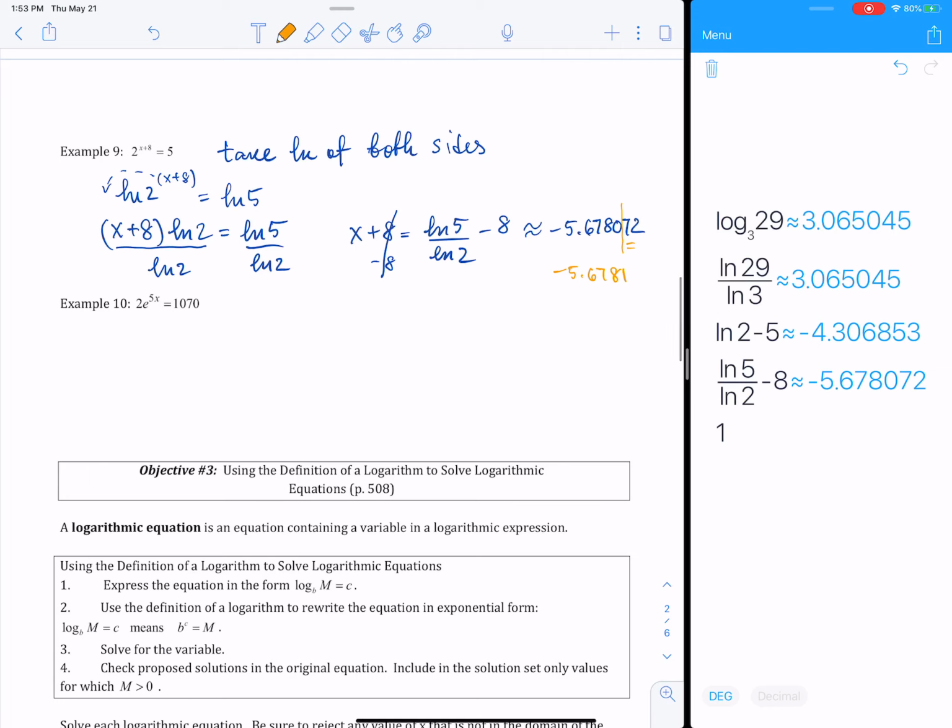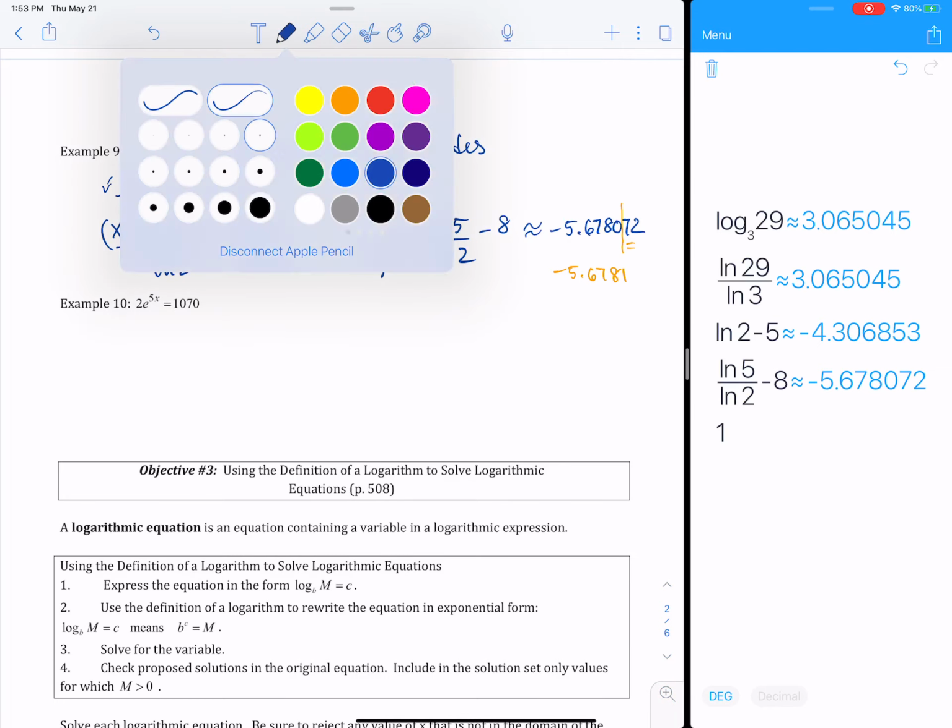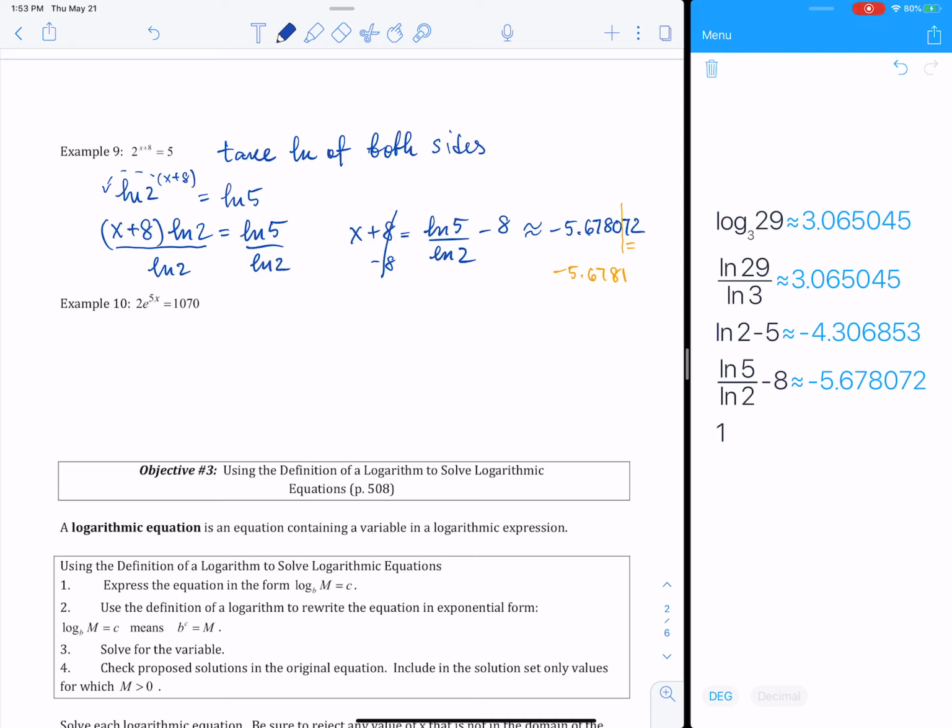The next question, question 10. Again, first we need to isolate the exponential function, so we have to divide by 2 on both sides. That's e to the power 5x is equal to 1070 divided by 2. Then instead of applying the previous method, I can directly say this is logarithm base e of 1070 divided by 2 across the equal sign is equal to 5x, and divide both sides by 5.